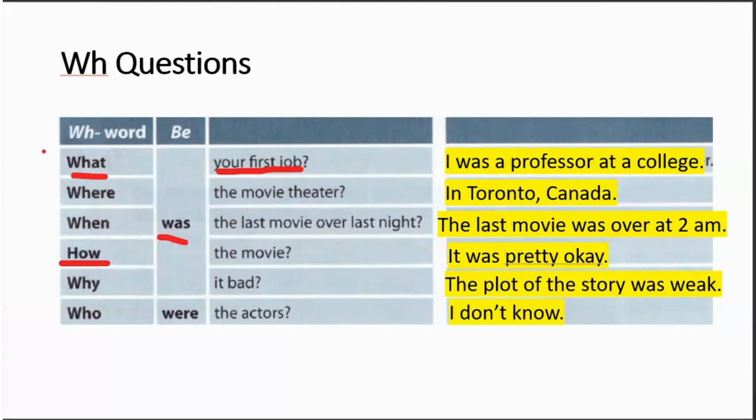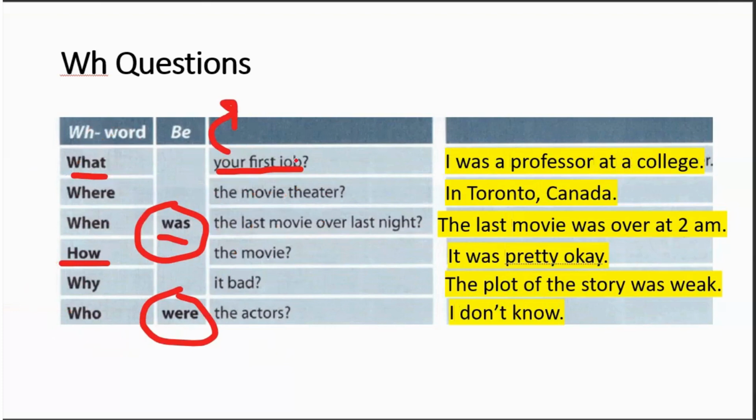So, first thing is that WH word. Then we use the past form of be here, which is was or were, depending on the subject. Then we use the pronoun, the person or the thing we are talking about.